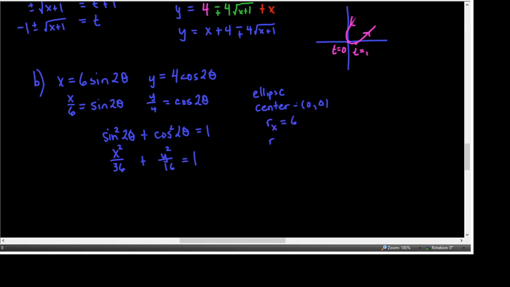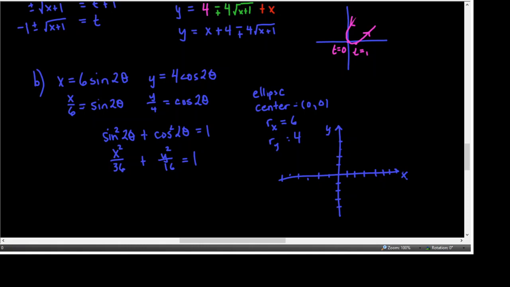The y radius is 4. So when we graph this in the xy plane, let me put some marks on the axes, so that we have a chance to graph it all.